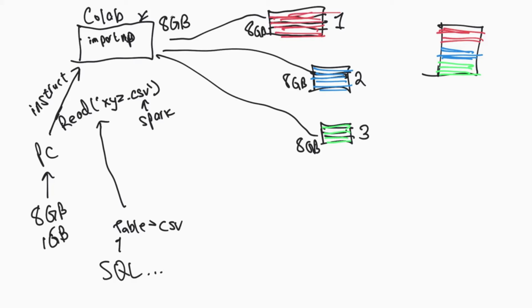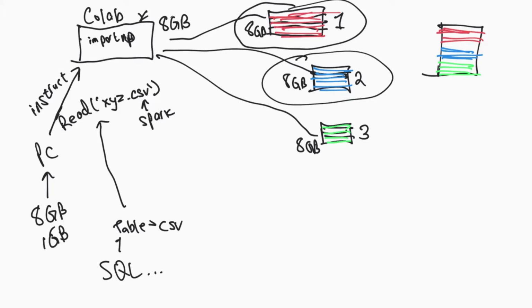Okay, so we split apart the file. Now, that's good and bad. We did open it in main memory. The file is open here and here and here. So that's great. Now we actually managed to open the file. It's just split across 3 different machines' main memory.